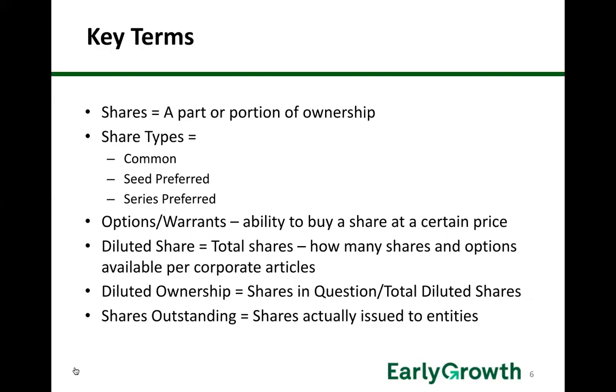And then you hear this term, shares outstanding. That speaks to the shares that have actually been issued and would not include options or warrants that have not been exercised. These are actual stocks that have been issued to the shareholders. The diluted total would include the options and the warrants in the total share count.